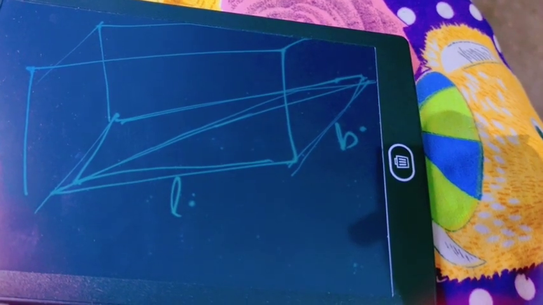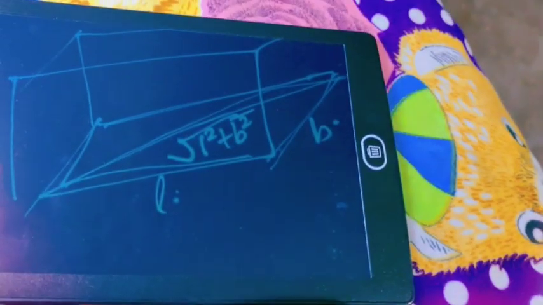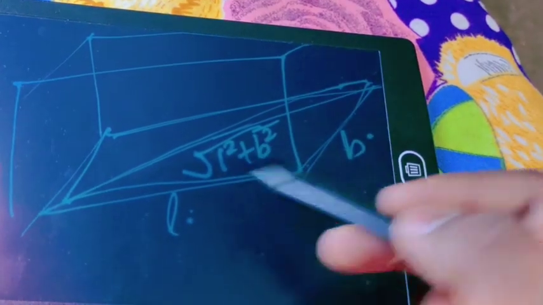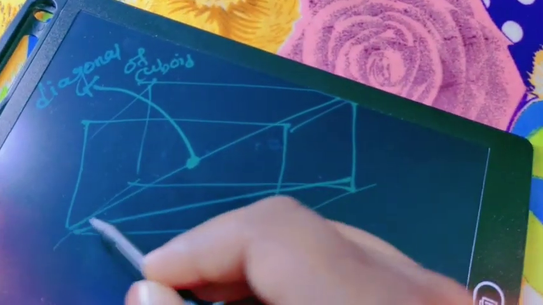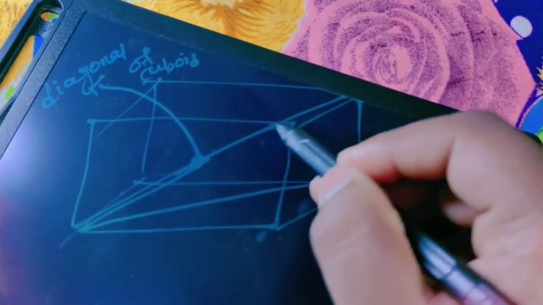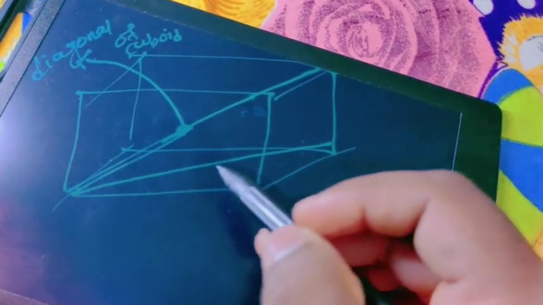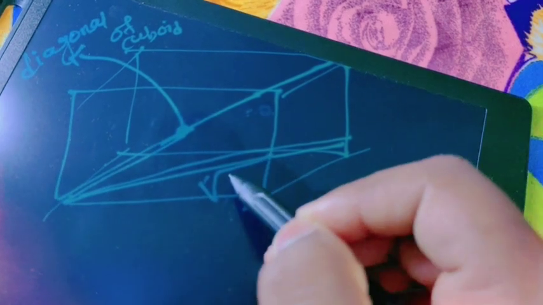Its length will be root of L square plus B square, because it is the diagonal of this two-dimensional rectangle. Now this line is the diagonal of this cuboid. How do we calculate its length?